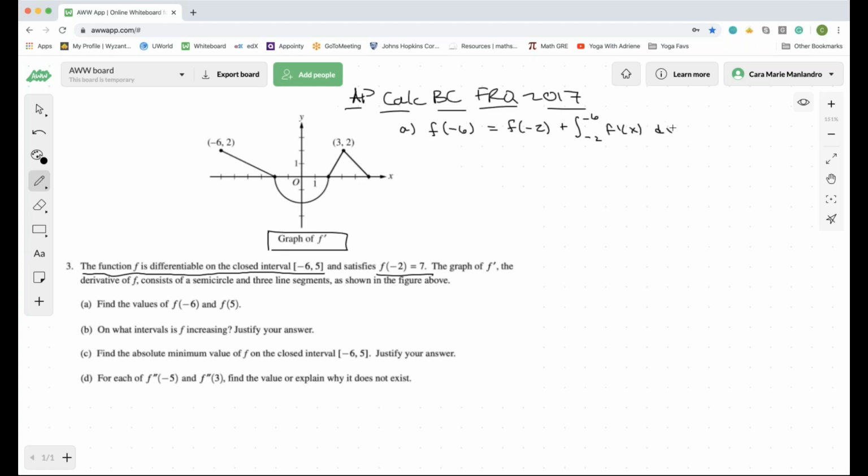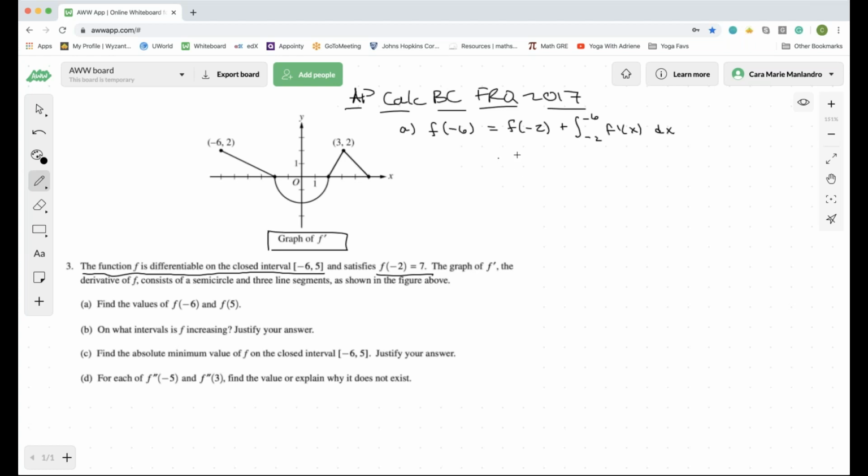So where I'm starting plus the integration of the rate of change. Does that make sense? Yes, no in the chat box? So you're starting somewhere and then you're adding.